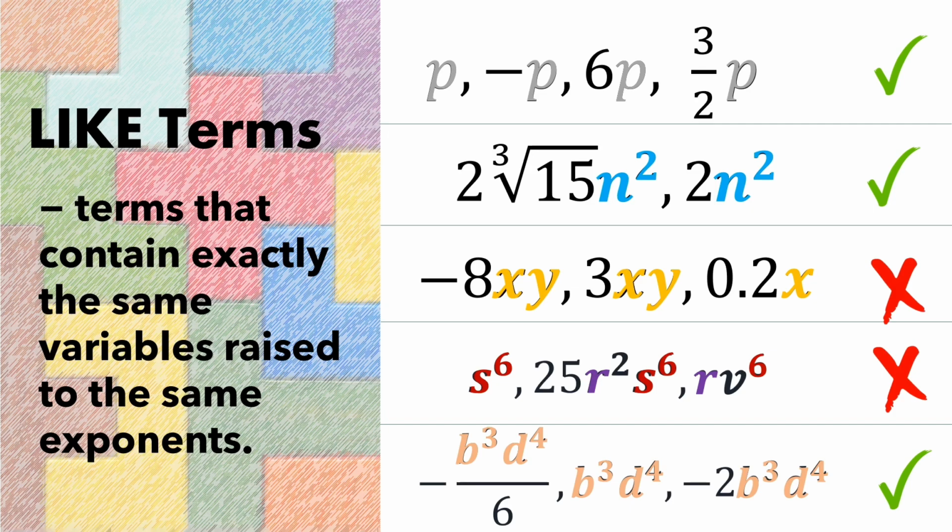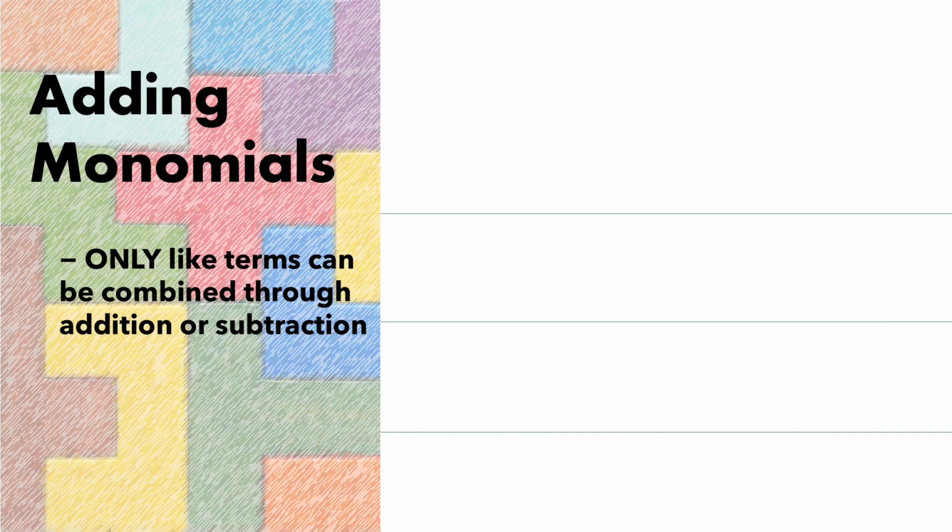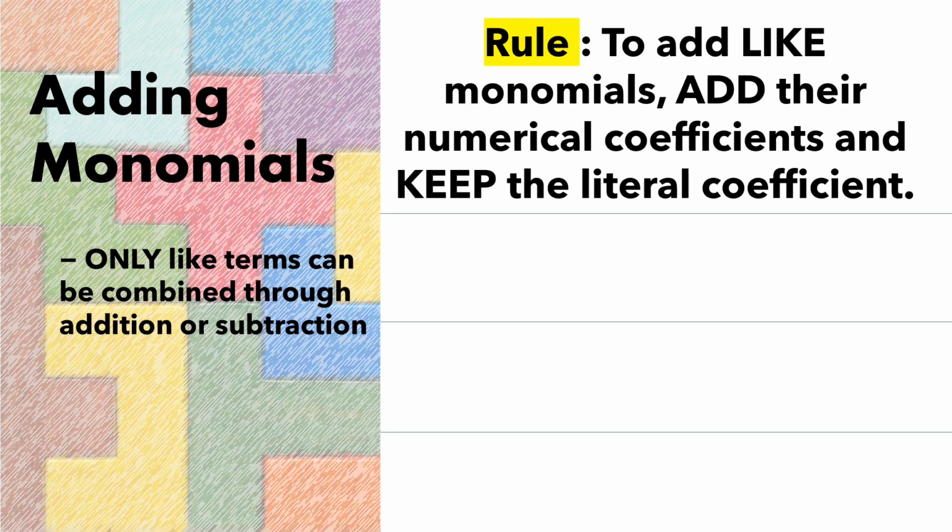Alright, so let's now start adding monomials. You can only add monomials if the terms are like terms. So the rule for this is to add like monomials, add their numerical coefficients and keep the literal coefficients.